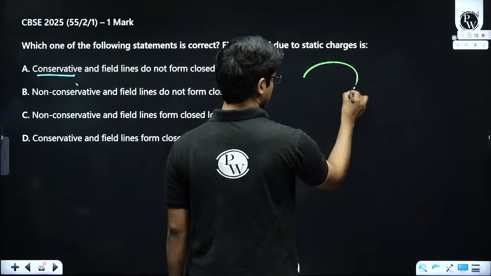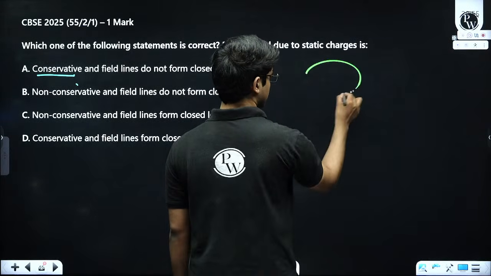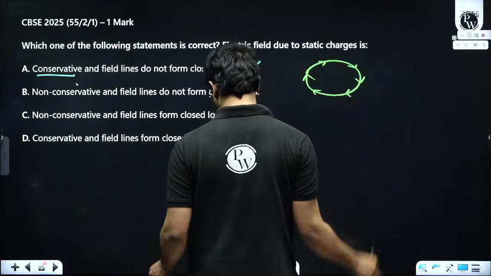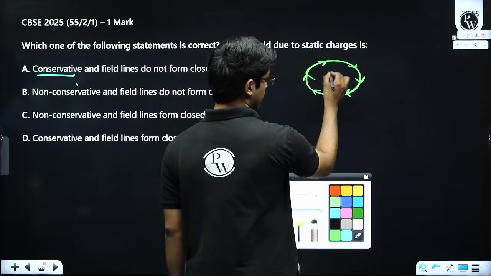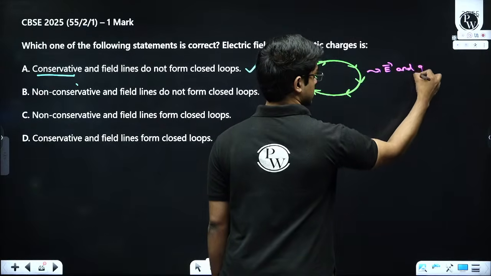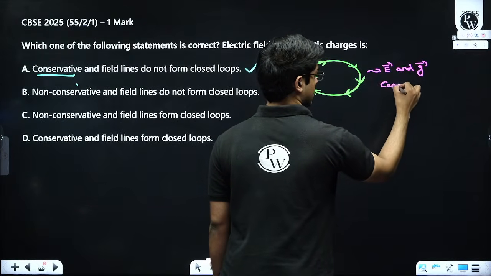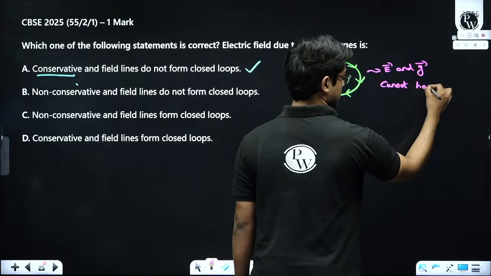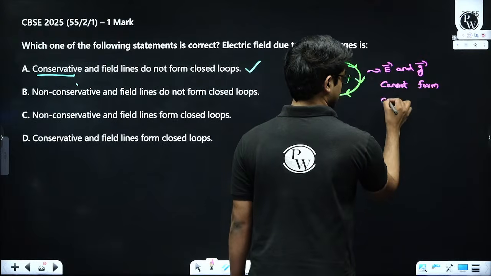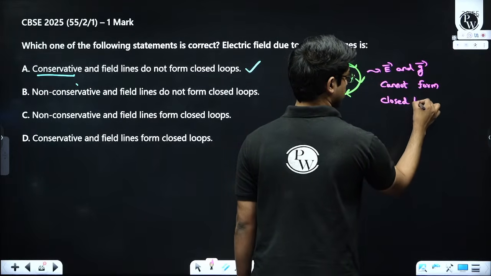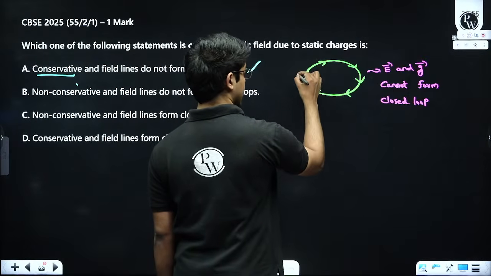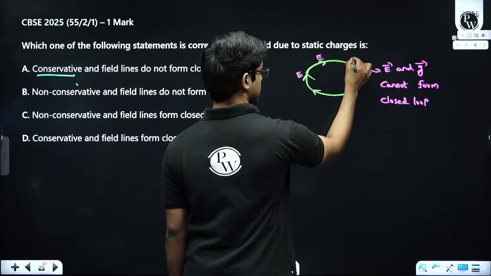So right now, just remember that electric field or gravitational field cannot form a closed loop pattern like this. Okay, of course, this is the direction. This is impossible. Okay.